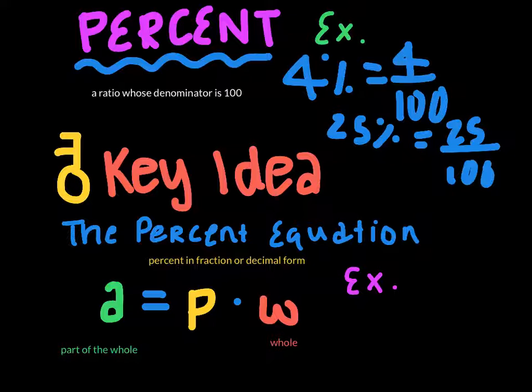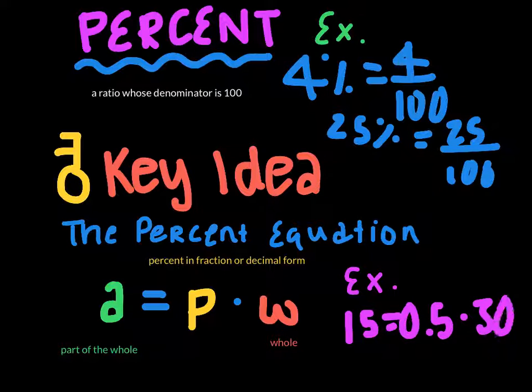So let's say we have A as 15 equals 0.5 times 30. So we know A equals P times W is the equation we're going to be using a lot.